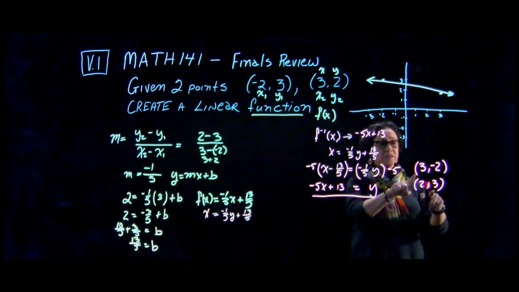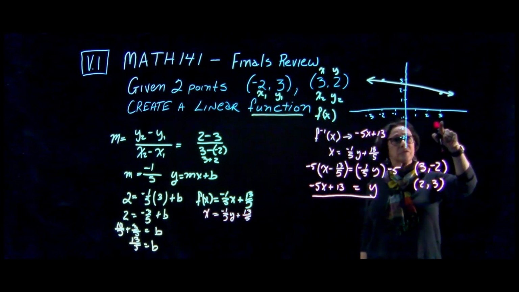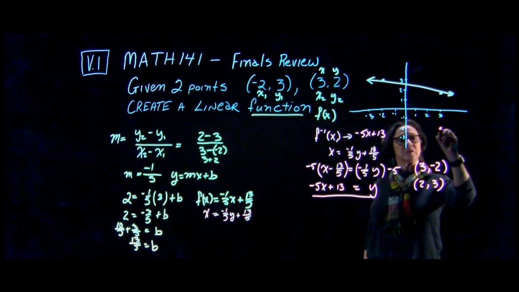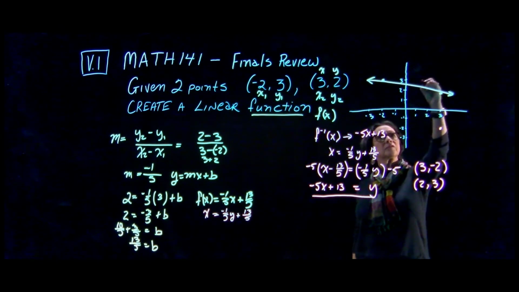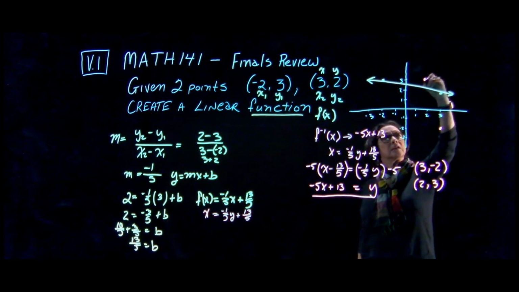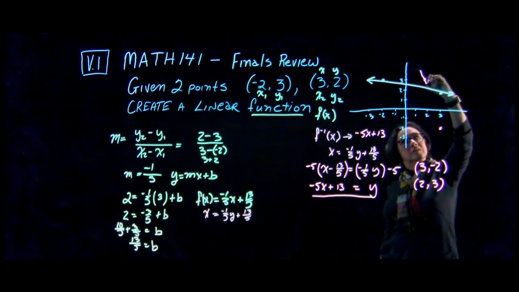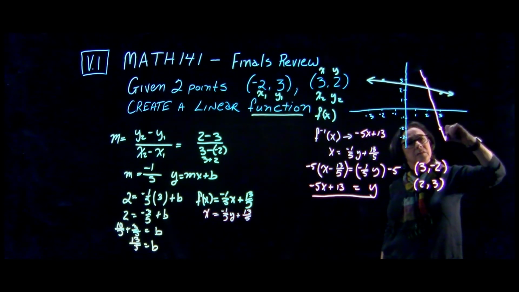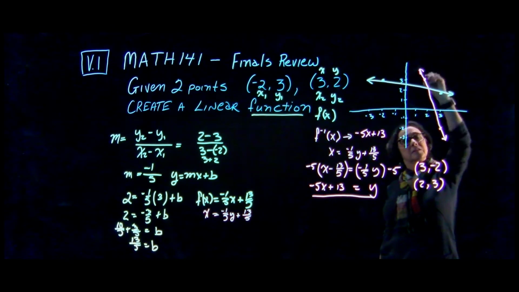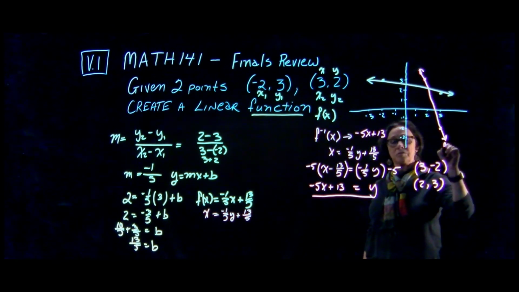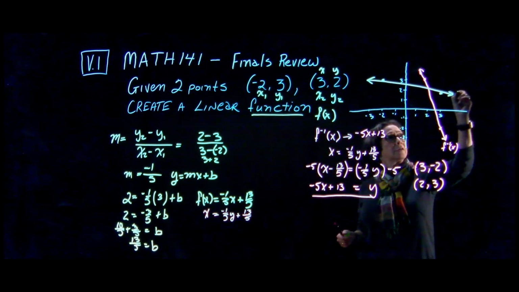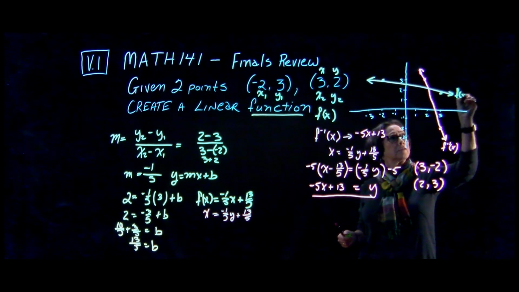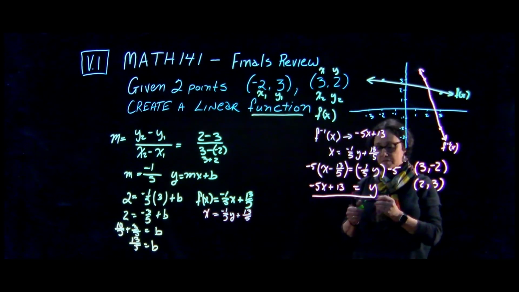So when we plot these points, we have positive 3, negative 2, and positive 2, positive 3. We would connect these with a straight line, and this would be your inverse function. So this would be f to the negative 1 of x, whereas this is our f of x.